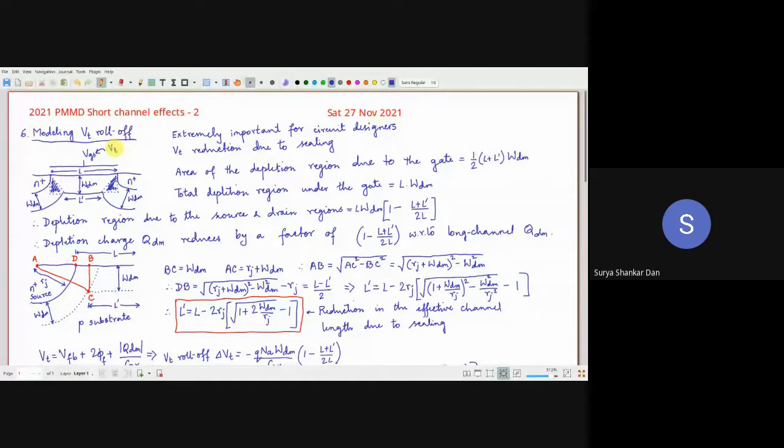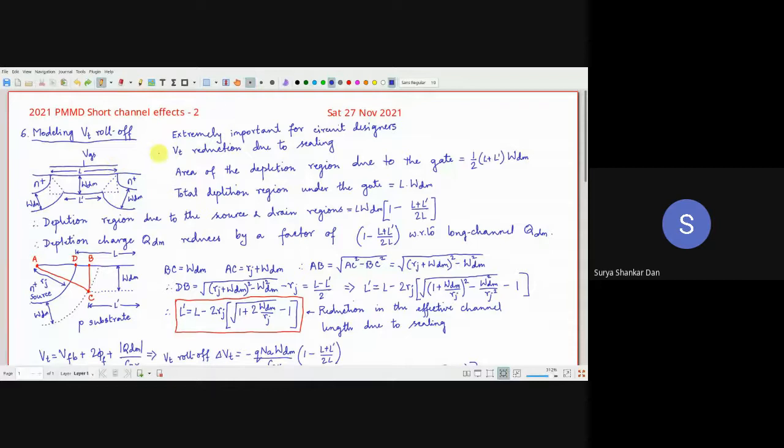So the amount of VGS necessary to switch on the transistor will depend on the charge within this trapezoid, L and L dash over here, not the rectangle which we earlier thought about. So we have to eliminate this part because of the short channel effect.